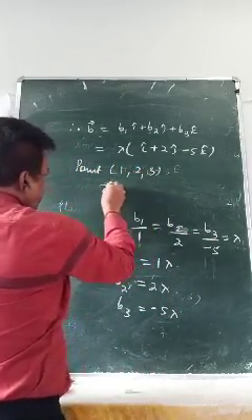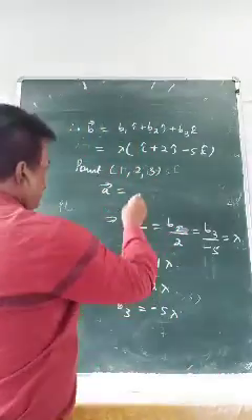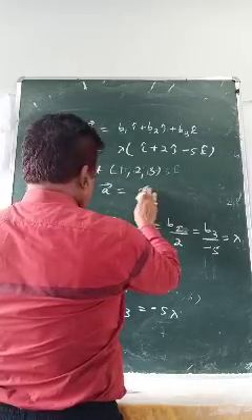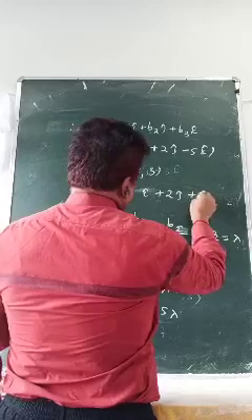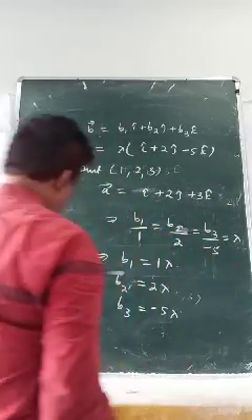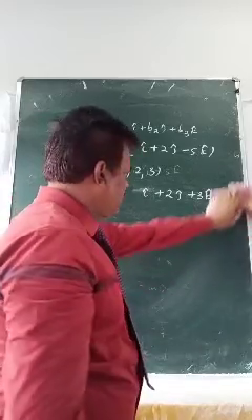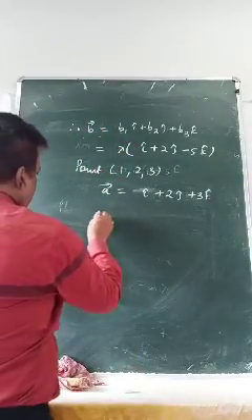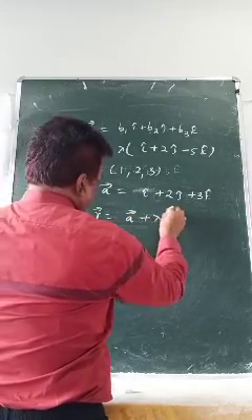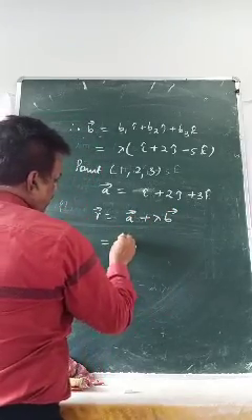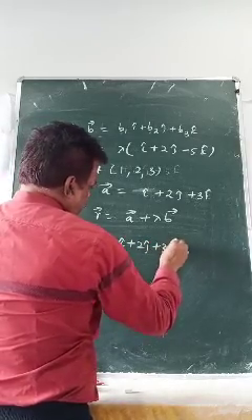That gives you the a vector, that is i plus 2j plus 3k.